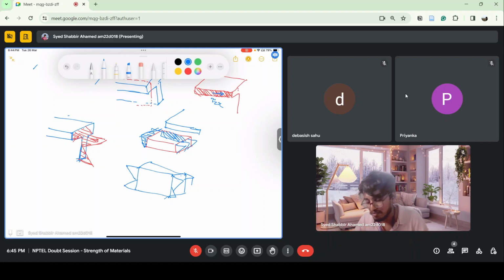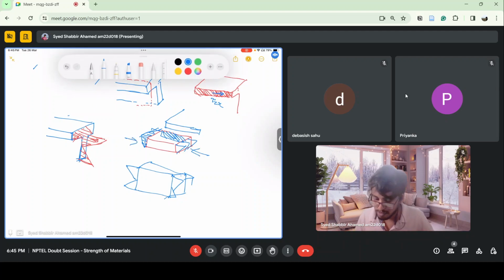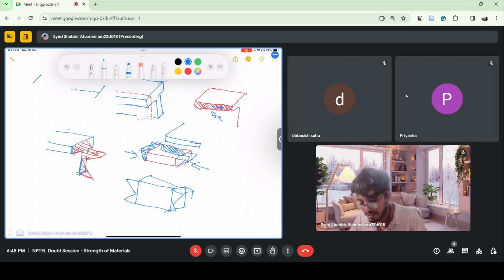If you integrate over this section there is some force, and over this section there is some other force. These forces are not equal because the bending moment is different at the two sections, which means the bending stress is also different. In order to resist that, there should be some shear force acting in the x direction, on the z plane.